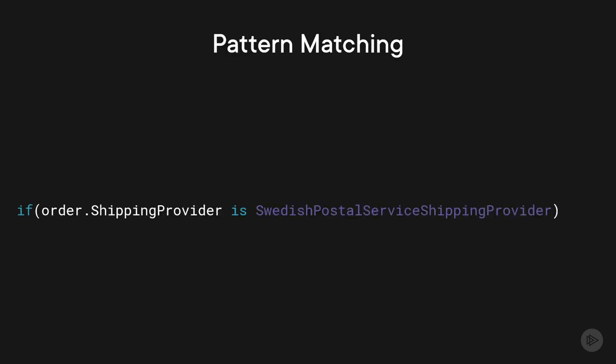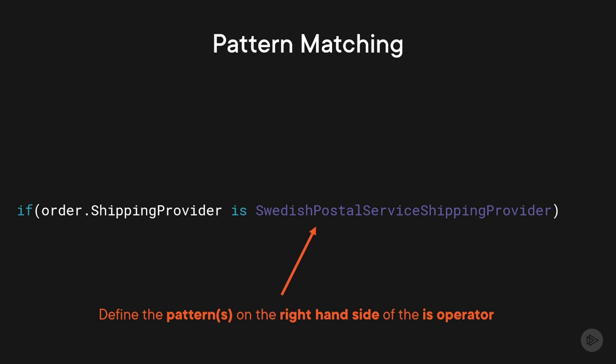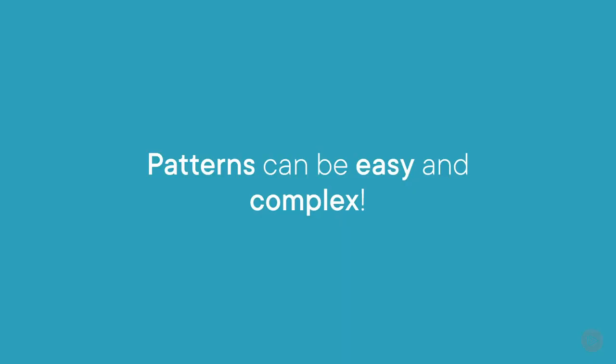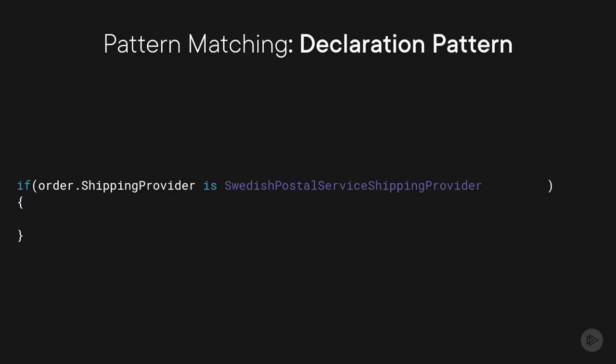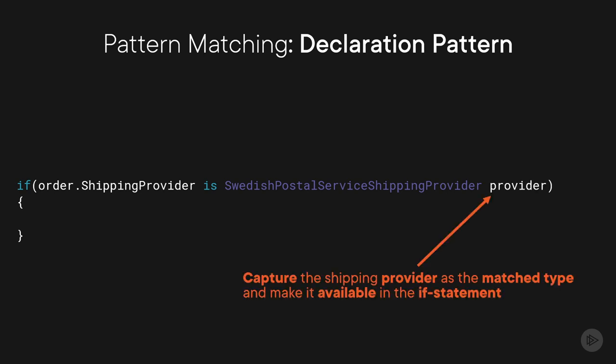Using the is operator is one way of using pattern matching. The right-hand side of the is operator is where you'd define the expression for the pattern. We can expand on the pattern to express much more complex expressions. For example, we can specify that we want this captured in a local variable of the correct type. To do this, we add what is known as the declaration pattern.